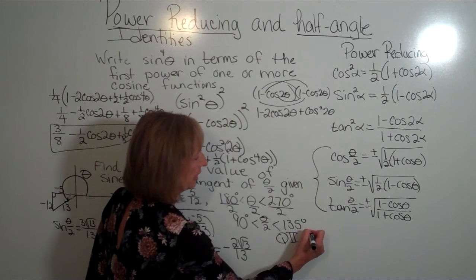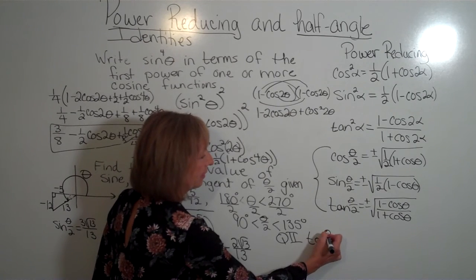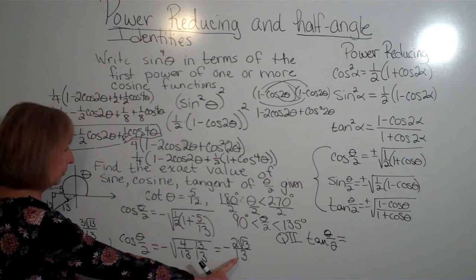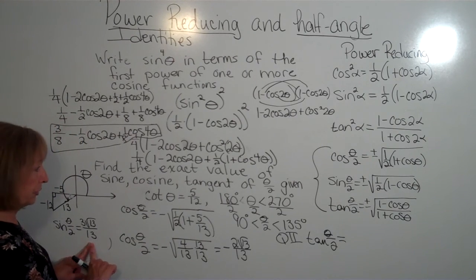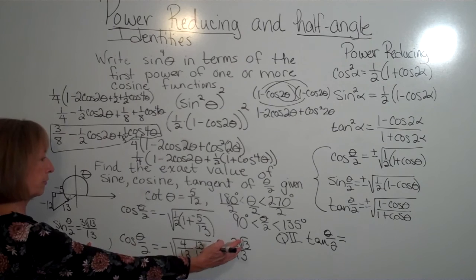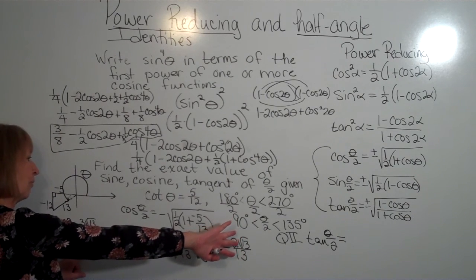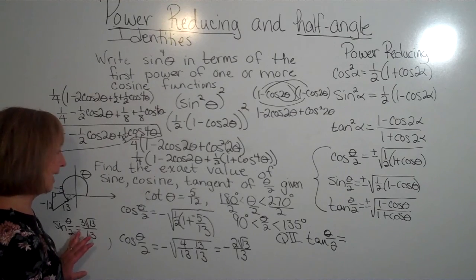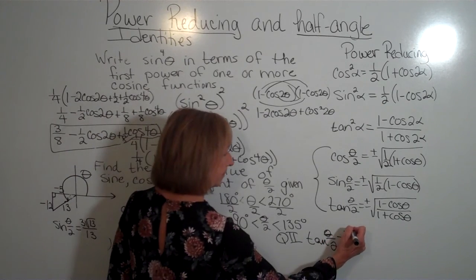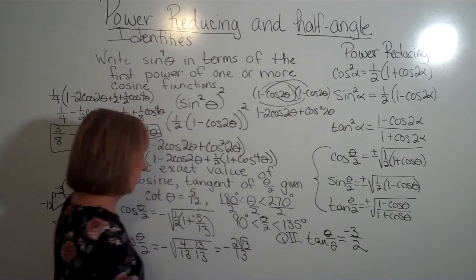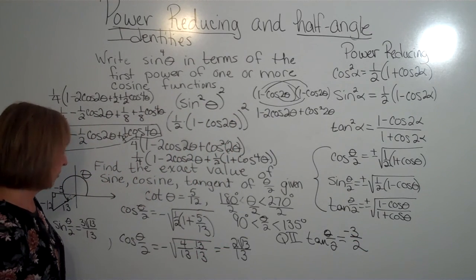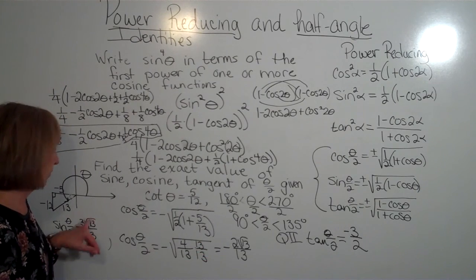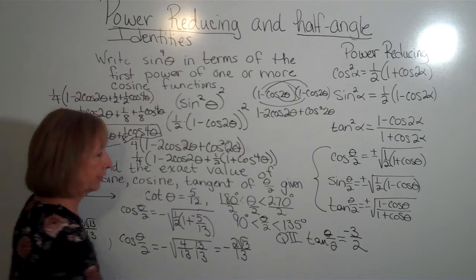So when you take the sine of theta over 2 and divide it by the cosine of theta over 2, you're going to flip it and multiply it. You're going to get our value of a negative 3/2. The square root of 13s will cancel, the 13s will cancel. Positive divided by negative is negative, and it'll be 3 in the numerator and 2 in the denominator.